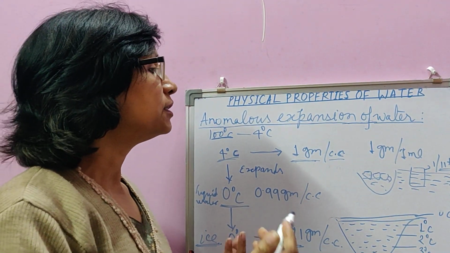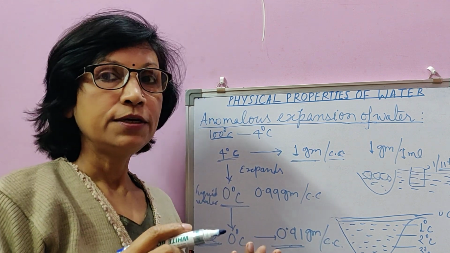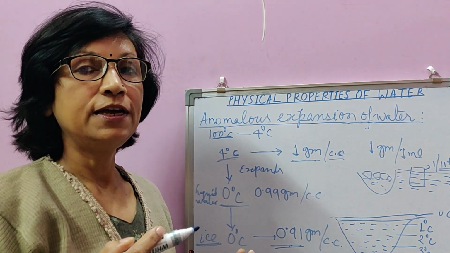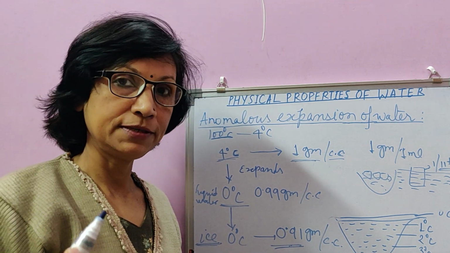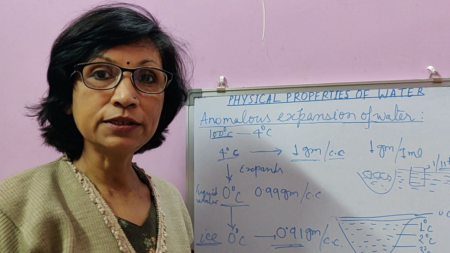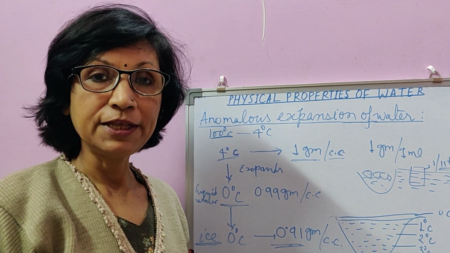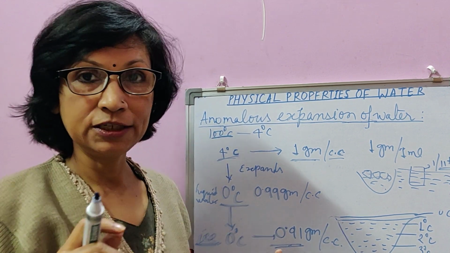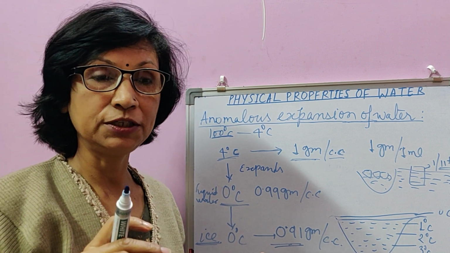Children, this anomalous expansion of water is very useful for the life of aquatic animals, because you know aquatic animals breathe in water. They take the oxygen dissolved in water with the help of their lungs or other respiratory organs according to the species.